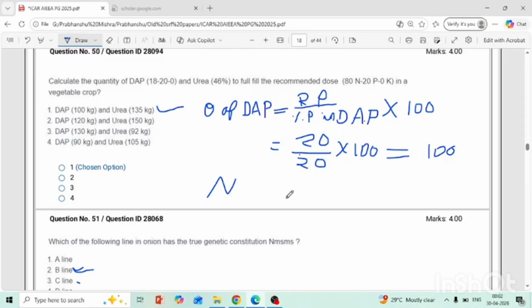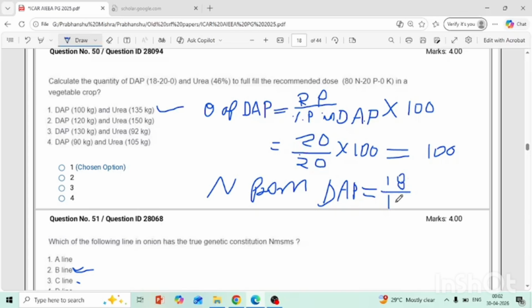So nitrogen from DAP is equal to 18% nitrogen, and you apply 100 kg of DAP.